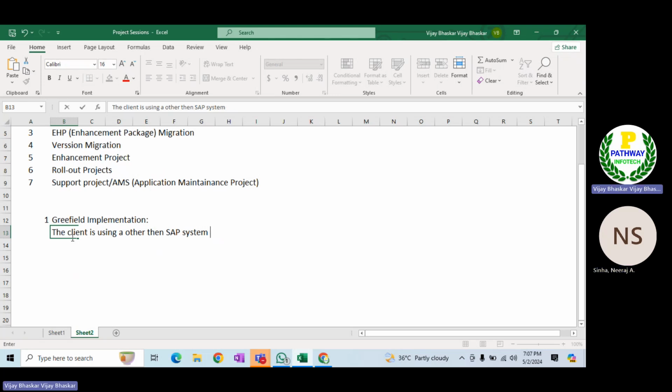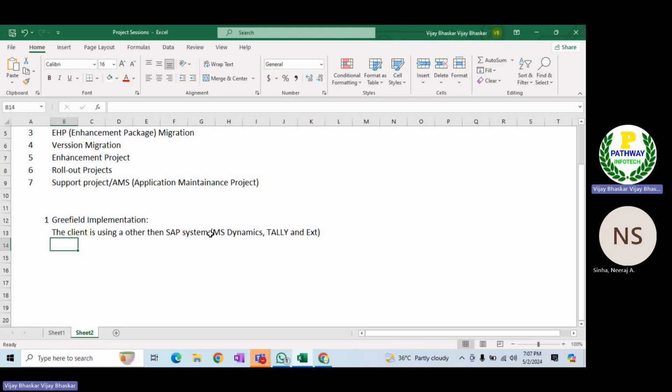Other than SAP in the sense that they are using, for example, MS Dynamics, Tally and so on. We'll take some examples.